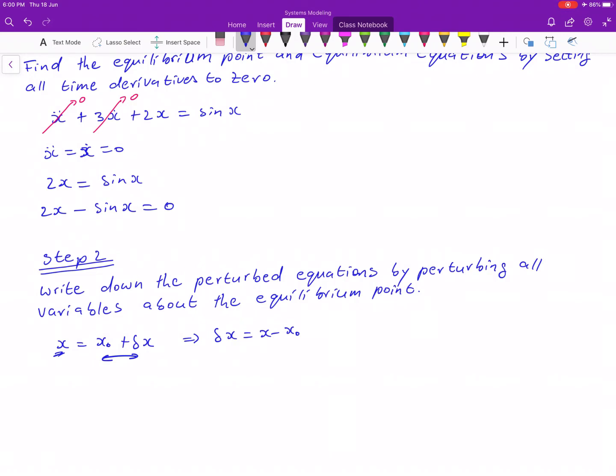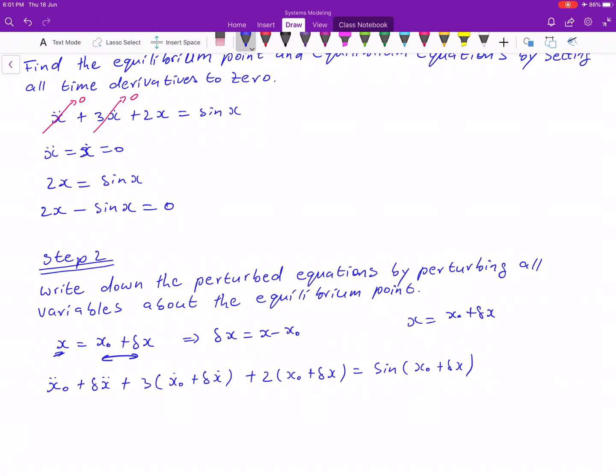We are going to have x double dot, x naught plus delta x double dot, plus 3 x naught dot plus delta x dot, plus 2 x naught plus delta x, is equal to sine of x naught plus delta x. So what I've done is I've just substituted for x equal to x naught plus delta x.